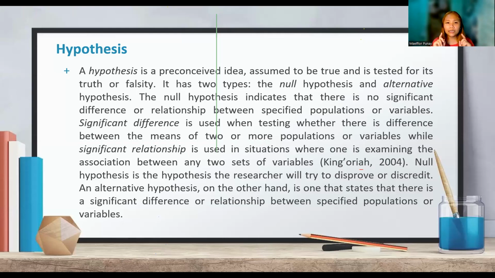When we talk about null, there is no significant difference and no significant relationship. Significant difference is used when testing whether there is a difference between the means of two or more populations of variables, while a significant relationship is used in situations where one is examining the association between any two sets of variables.